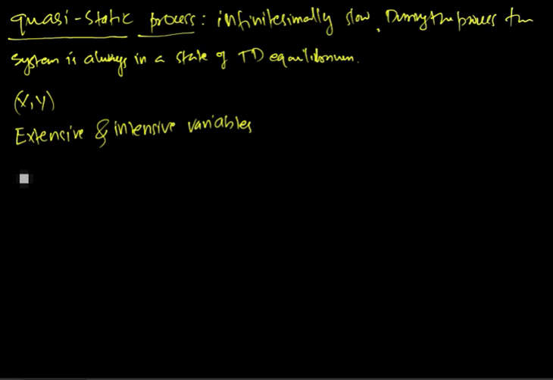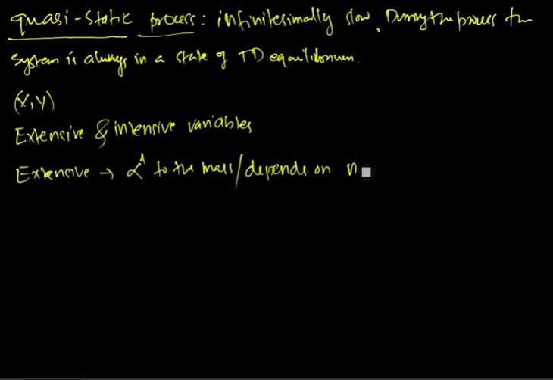The extensive variables are the variables which are proportional to the mass of the system, or we can say that they depend on the number of moles present in the system, or the amount of substance present in the system.